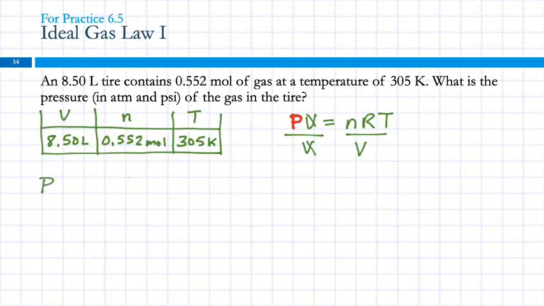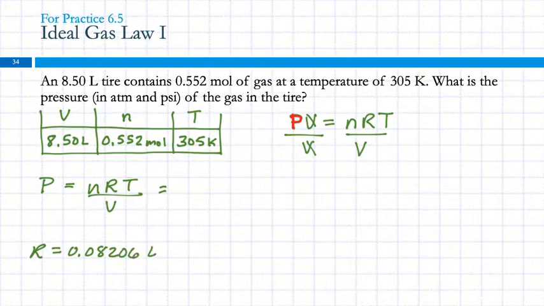So pressure is equal to nRT over V. And R is a constant, 0.08206 liters times atmospheres divided by moles times Kelvin.